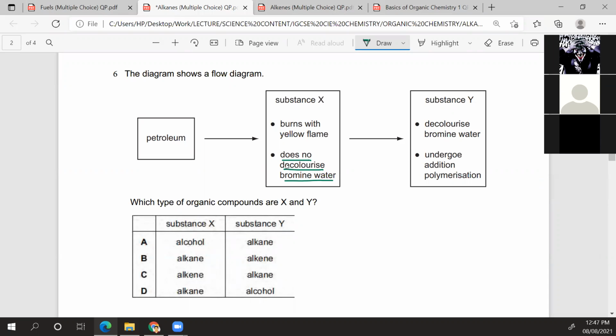Arnav, if it does not decolorize bromine water, what will be substance X? Okay, if you don't know about substance X, what is substance Y? If it decolorizes bromine water and it also undergoes addition reaction, can I say this has to be a carbon to carbon double bond? So it has to be an alkene. The only option where substance Y is an alkene is B.